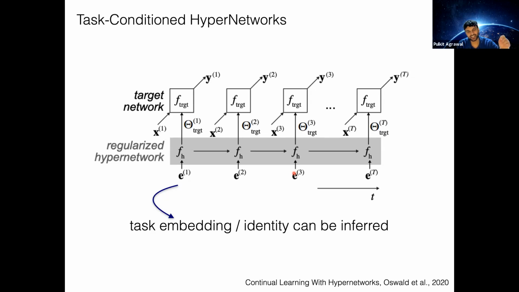And if my uncertainty is very high, then I will infer it's a new task, right? And then try to infer a new task embedding which will produce the right set of weights so I can solve the new task. So this is the general intuition behind this line of work.